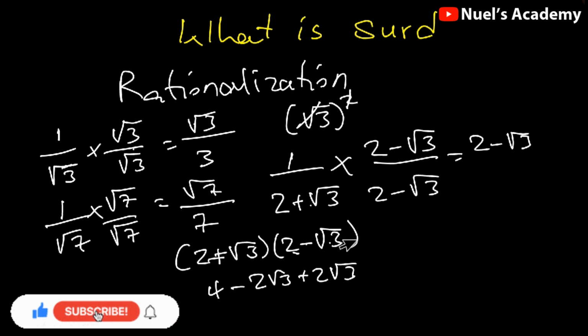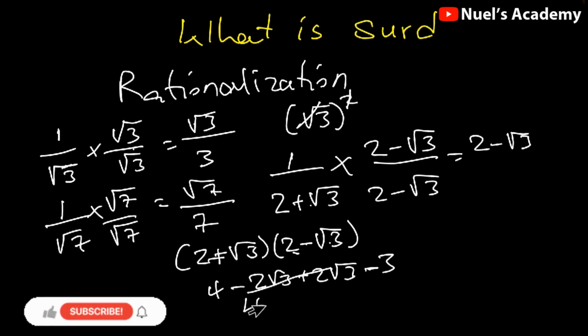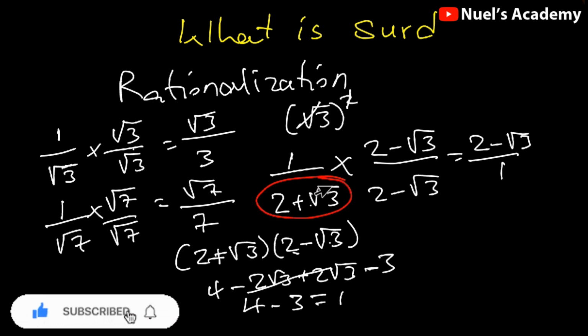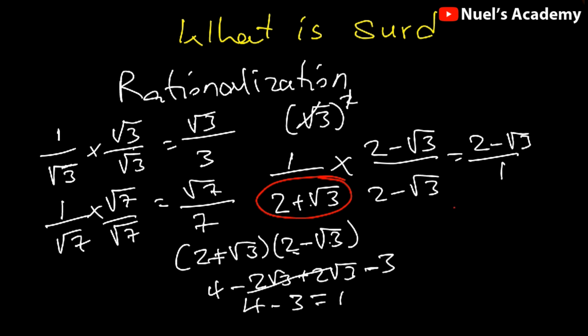Then plus times minus is minus. Root 3 times root 3 is 3. Now minus 2 root 3 plus 2 root 3 is 0. So we'll be left with 4 minus 3, which is equal to 1. So we have over 1. As you can see, we have removed the surd from the denominator. That is just the concept of rationalization, to remove the surd from the denominator and make the whole thing easier to simplify.